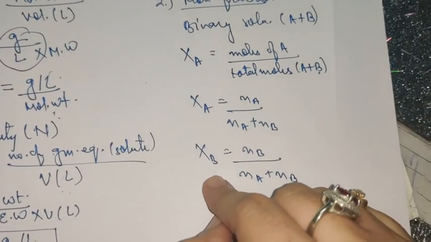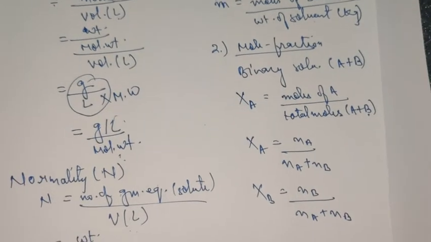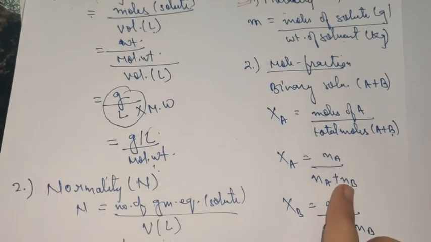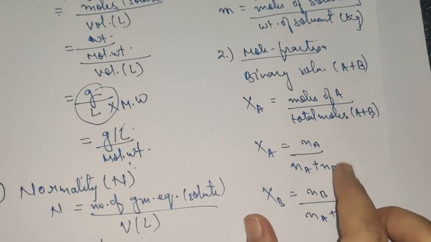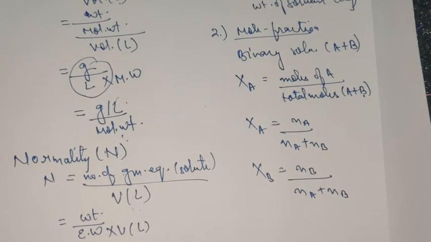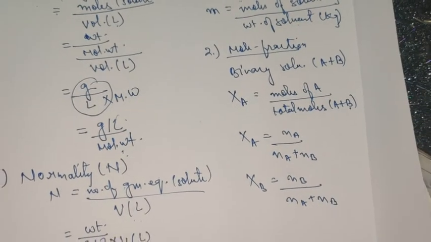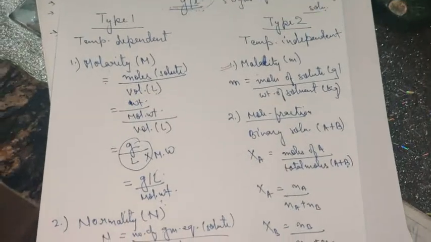Similarly, you will do it for B. I took a binary solution, for example. It can be a ternary or quaternary, any solution, and the only change that you will observe is to add that particular component in the total number of moles. If it is made up of 3 components, then it will become Na plus Nb plus Nc. That's it. So these are the important concentration terms.